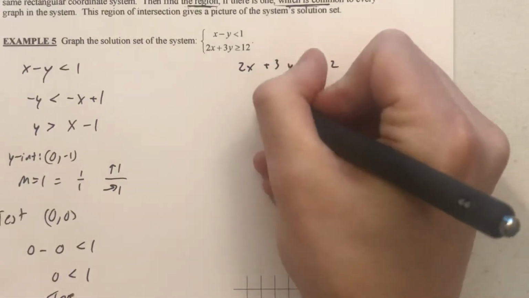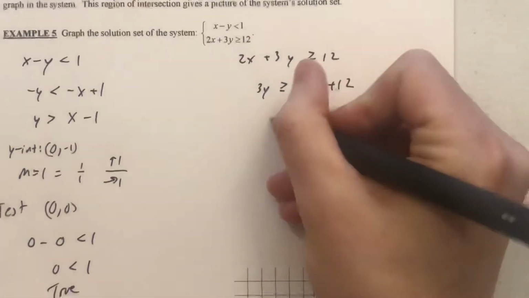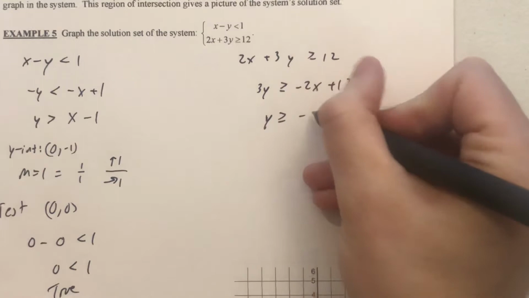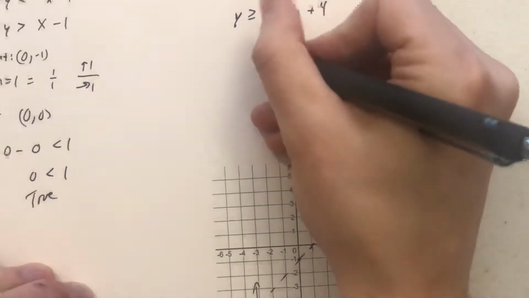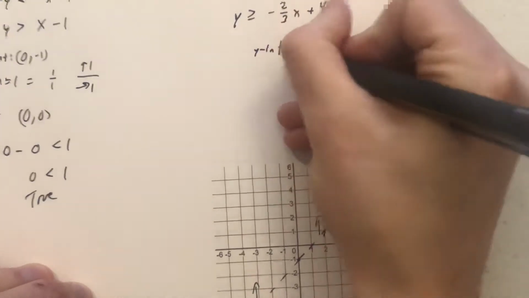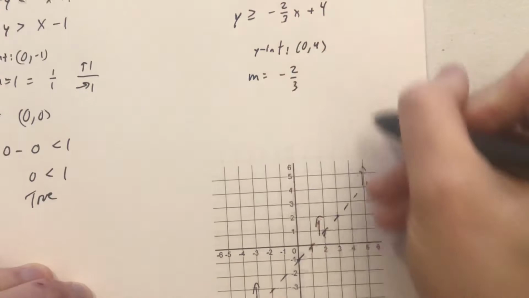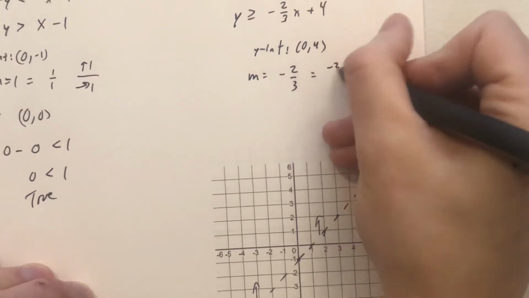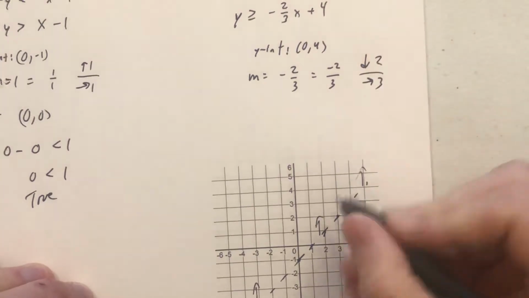I'm going to subtract the x term and divide by 3. So we're going to have a y-intercept of (0, 4), and a slope of -2/3, which I'll interpret as down 2 and right 3.